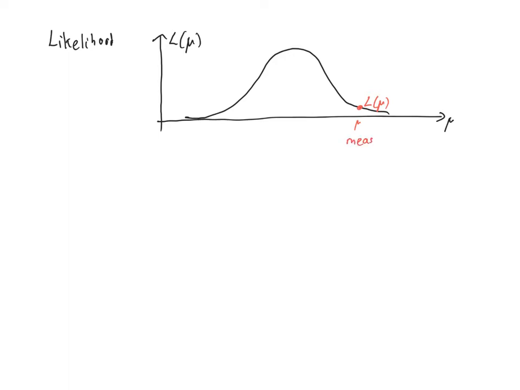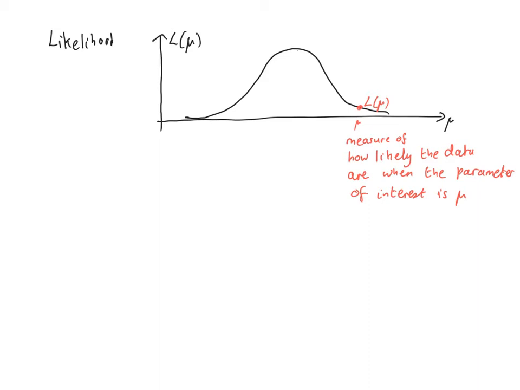So it's a measure of how likely the data are when the parameter of interest is mu. And that motivates our estimate of mu as the value that maximizes this likelihood.